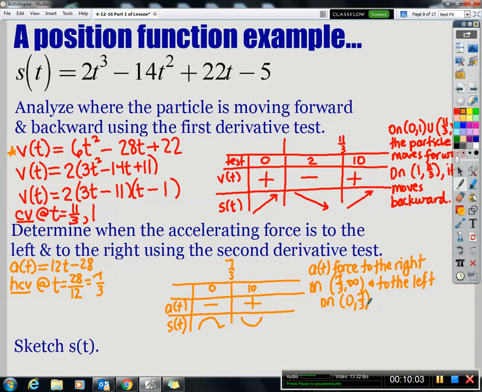So if I ask you to graph it, let's sketch S of t so that I'm not doing a brand new slide. Let's sketch S of t at the top. I've got a little more room there. So I've got 1 and 11/3 and 7/3 where stuff is going on. And you already know that this function has to be shaped something like this, because you all know from pre-calculus and algebra 2 that that's a cubic function with a positive lead coefficient.